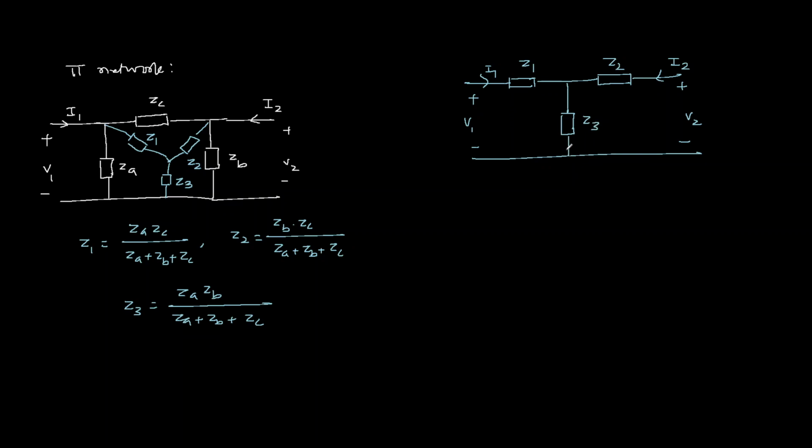And for the T network, we know that Z11 is Z1 plus Z3, Z12 is Z3, Z21 is again Z3, and Z22 is Z2 plus Z3. So by converting the pi network to a T network, we can simply find out the Z parameters.